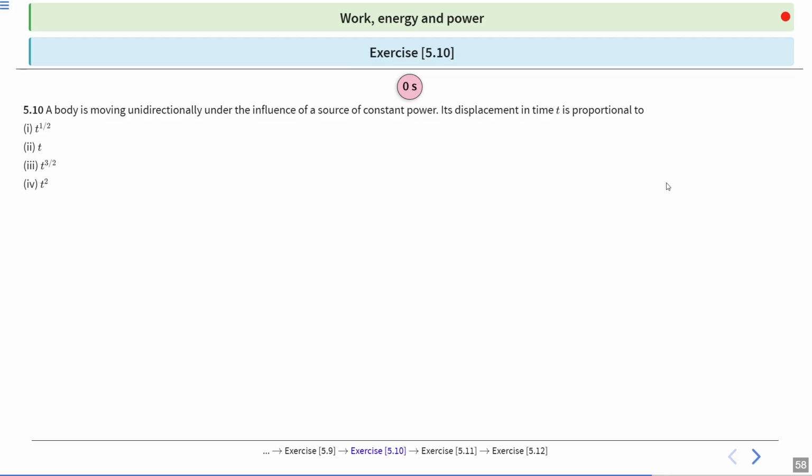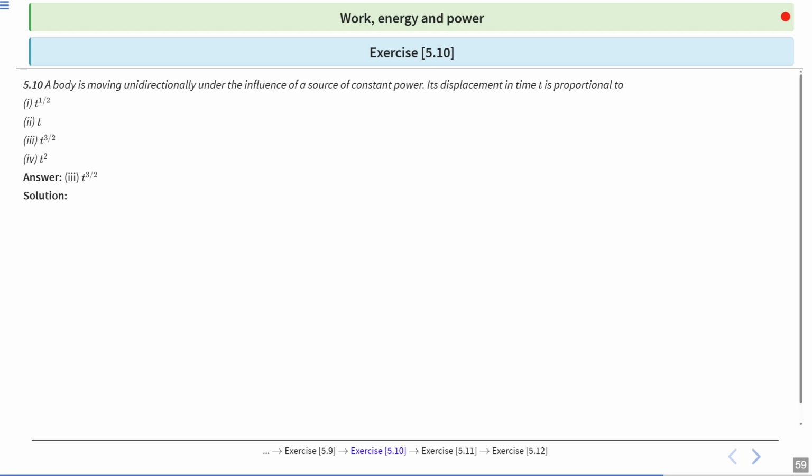Let's see the solution of this question. The correct answer is third, t raised to the power 3 by 2. Power is given by the relation P is equal to F into v. Now we know force is mass into acceleration. So putting it here, power is equal to mass into acceleration into velocity.